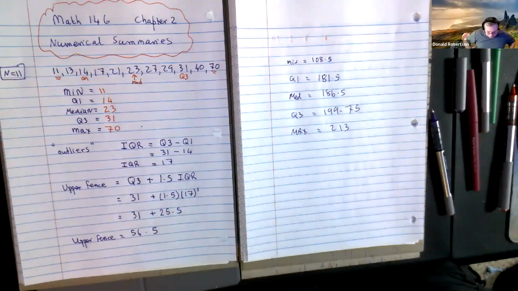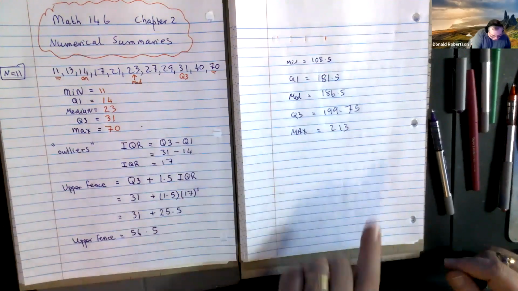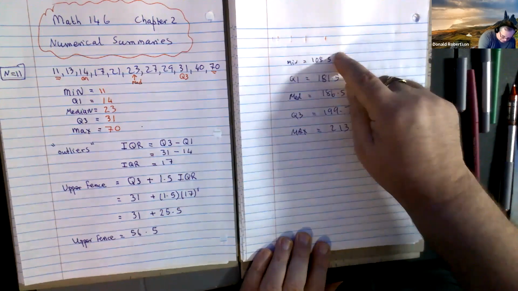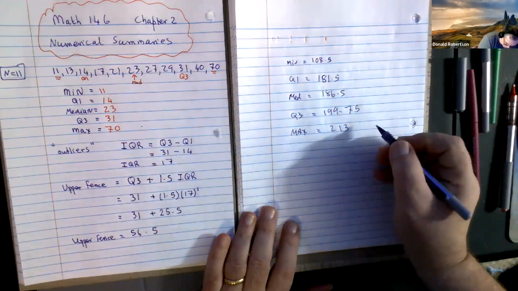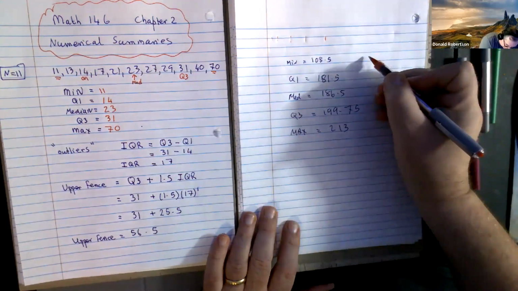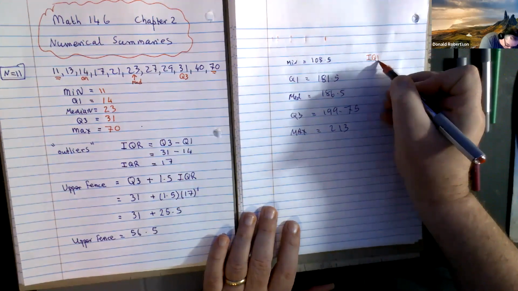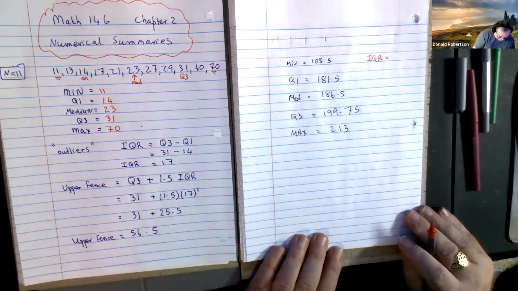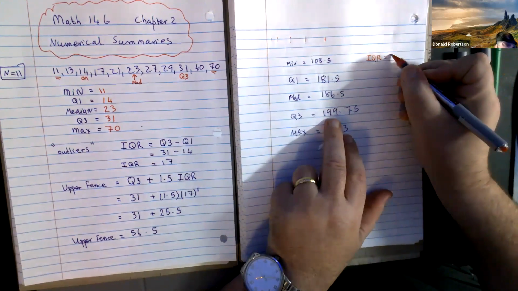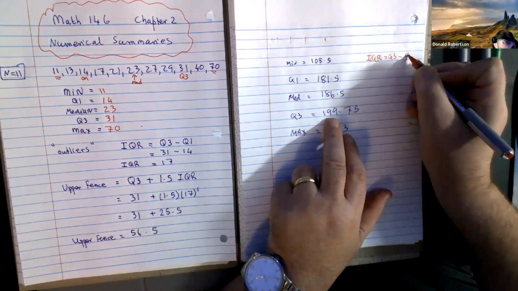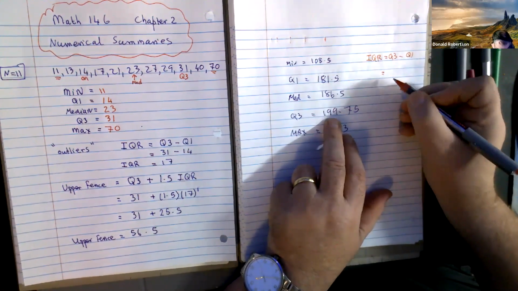Yes, sir. Right, so let's see which one of those two, maybe this one and this one, maybe only this one, maybe only that one. Well, whatever I do, the first thing I'm going to calculate is the interquartile range, which is really ugly because Q3 take away Q1 were not very pretty numbers.